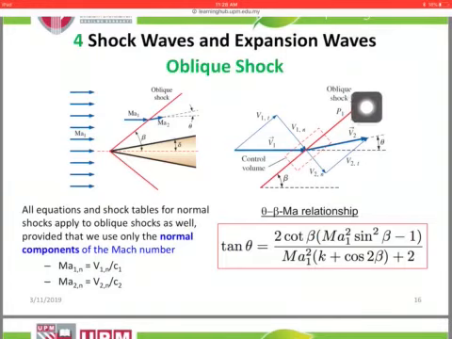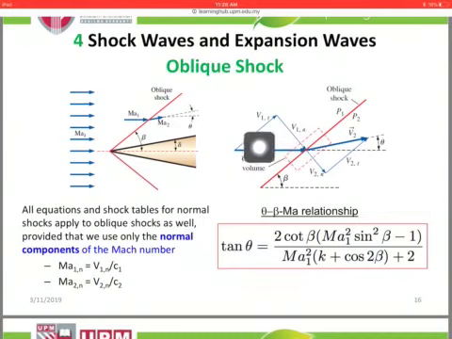What is affected by the shock is only the velocity acting normal to the shock. So V1 normal will be decreased, and V2 normal will be lower compared to V1 normal.